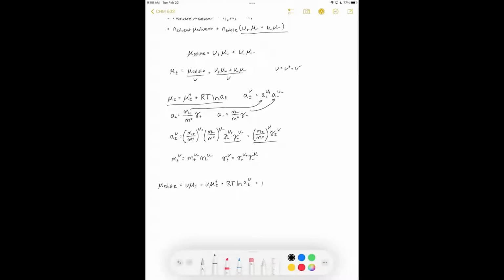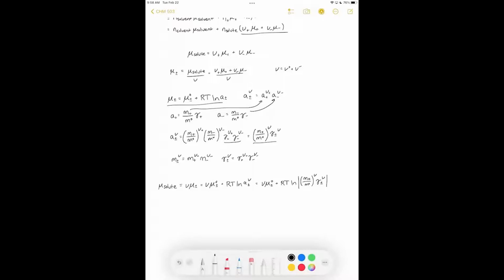This will give us mu plus minus standard times nu, and then plus RT natural log, and I'll put these in brackets here. We'll have m plus minus over m naught raised to the nu times gamma plus minus raised to the nu. And then we'll break up our m plus minus.